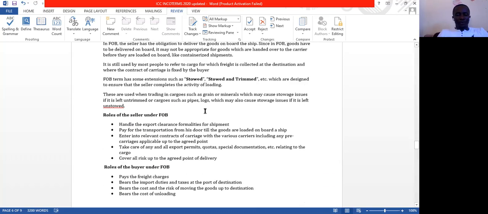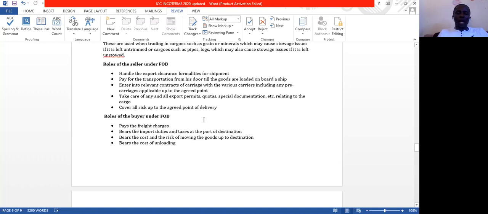Now, the seller under FOB handles the export clearance formalities for shipment, pays for the transportation from his door till the goods are loaded on board a ship, enters into relevant contracts of carriage, takes care of any and all permits, quotas, special documentation, and covers all risk up to the agreed point of delivery.